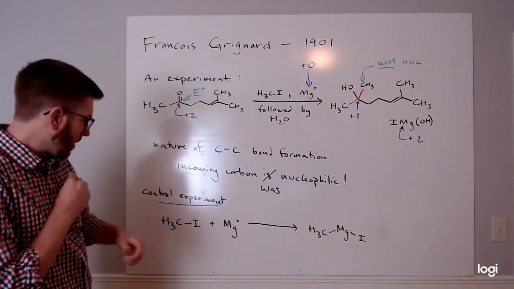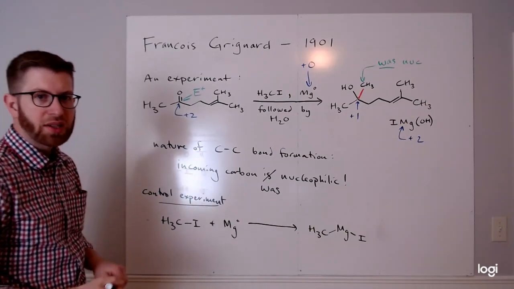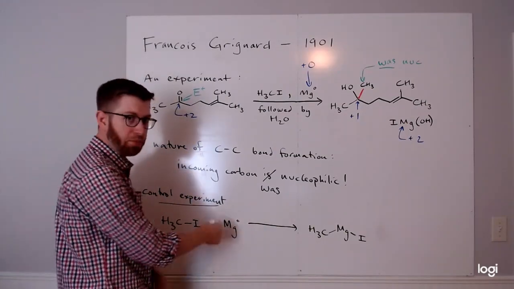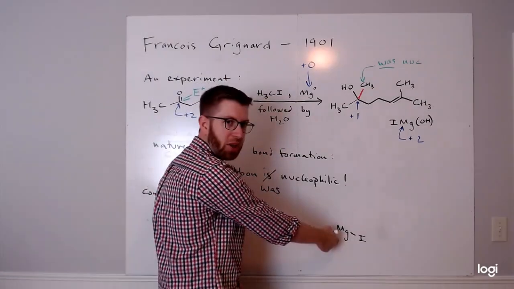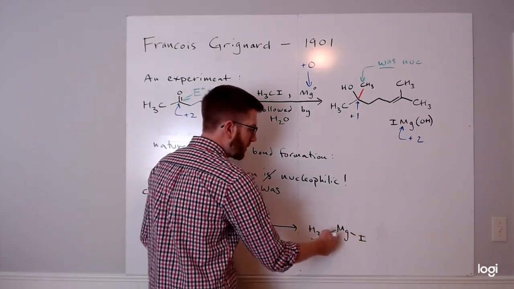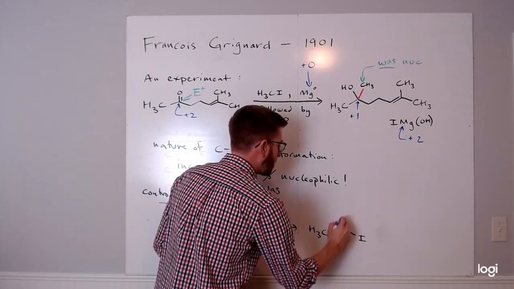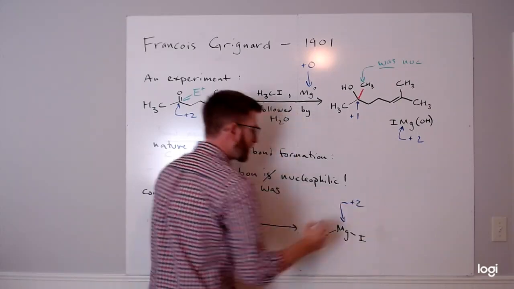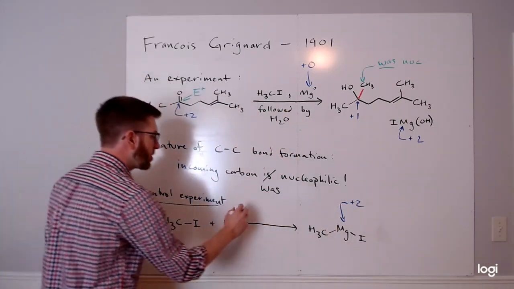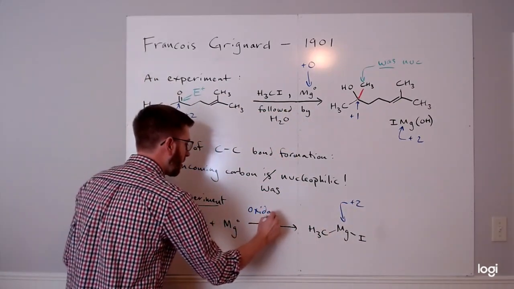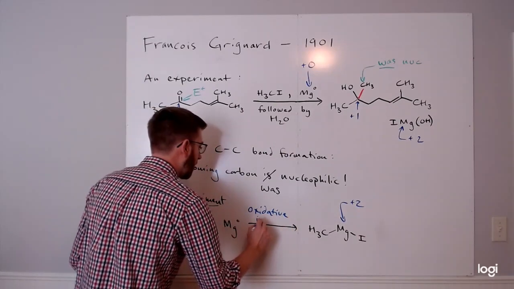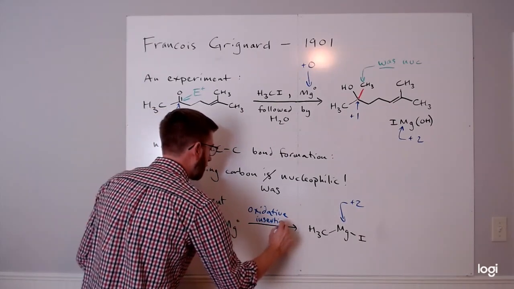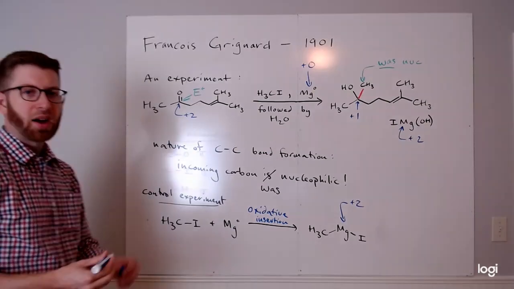Looking at this from an oxidation state perspective, magnesium starts at 0, but in the final material this magnesium is actually +2. So in this oxidative insertion, the magnesium is being oxidized.